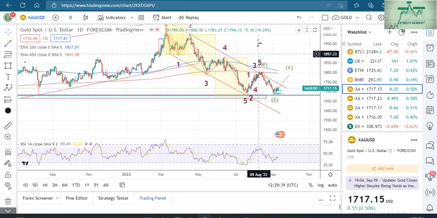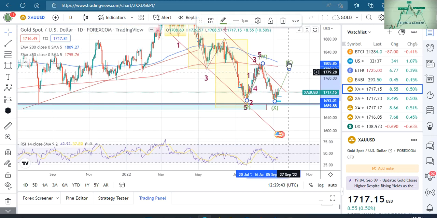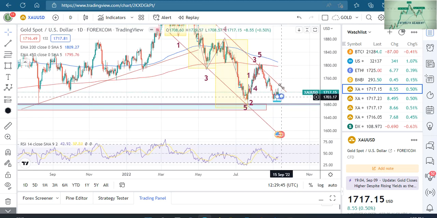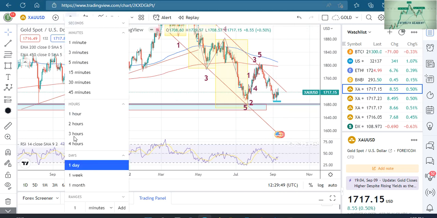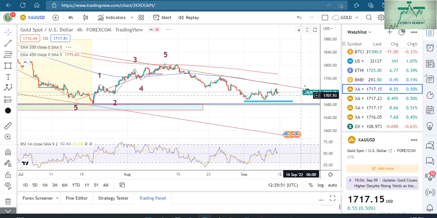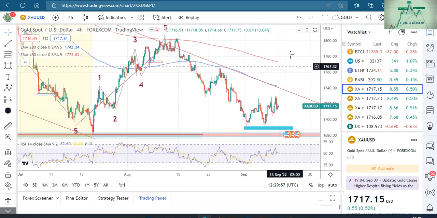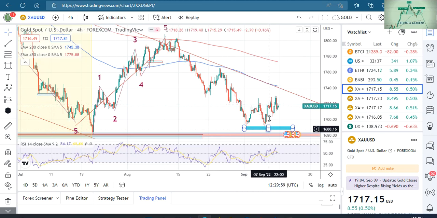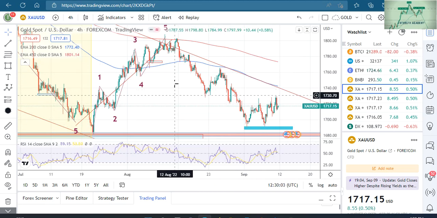Then looking at the current state of the market, let me show you on 4 hours time frame again. See that it already formed a double bottom, then it's pushing upward. So this shows that this market is currently on a bullish direction.